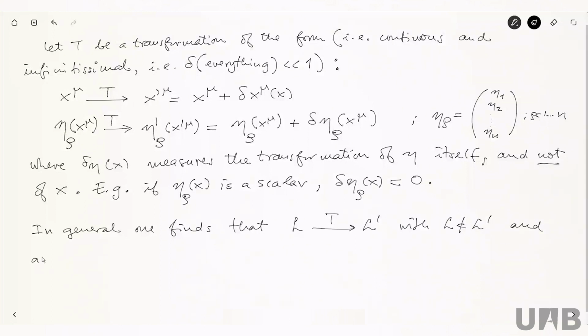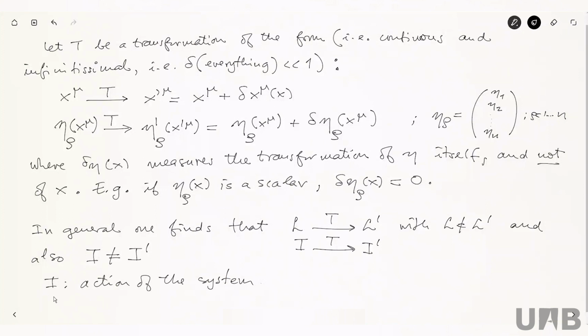And also, the action is different before and after the transformation, right? The action is also different before and after the transformation, where I is the action of the system. By the way, for reasons that I don't know, quite often the action in classical field theory is called I instead of S, right?